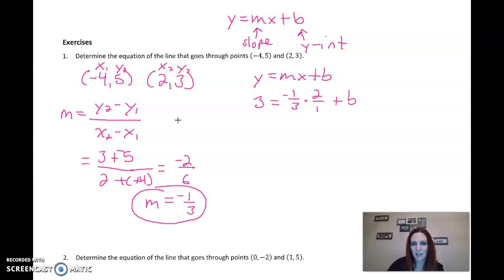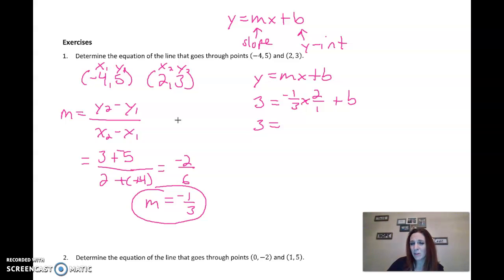So again, I'm just filling in the things I know. Two things: don't panic because we're dealing with fractions, and don't try to do all this in your head. Write it down. Yeah, it's taking up a lot of room, but you know how to do all the little pieces. We're going to simplify and solve now.